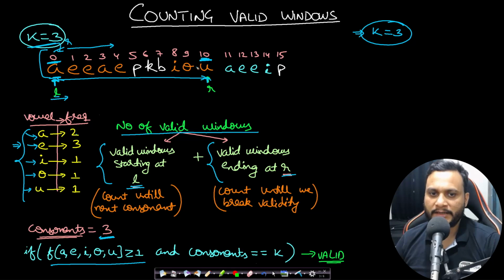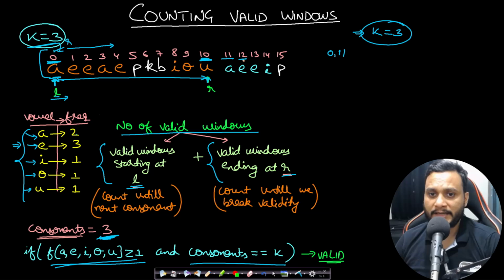So once the condition is fulfilled here, even if you consider from 0 to 11, since 11 is a vowel, it will be fine because you are just increasing the frequency of vowel, but the consonant count is not changing. Therefore, this condition will be fulfilled. There will be no problem at all.